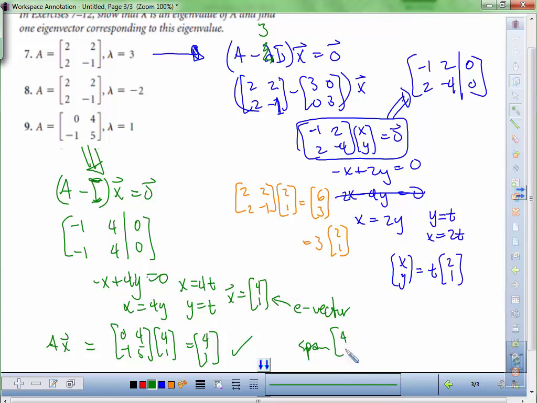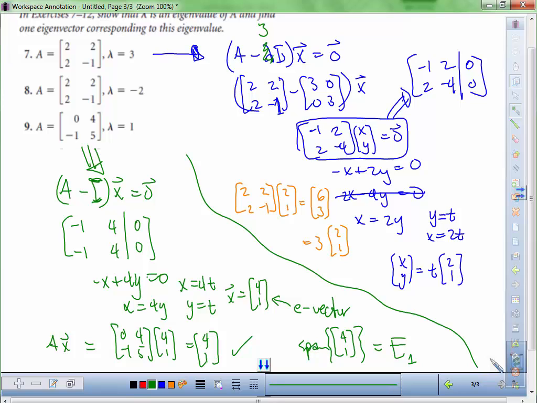The span of this (4, 1) vector is going to equal your eigenspace for the eigenvalue 1. I think it was denoted as E sub lambda, whatever lambda is. In this case, lambda is 1. Okay, good.